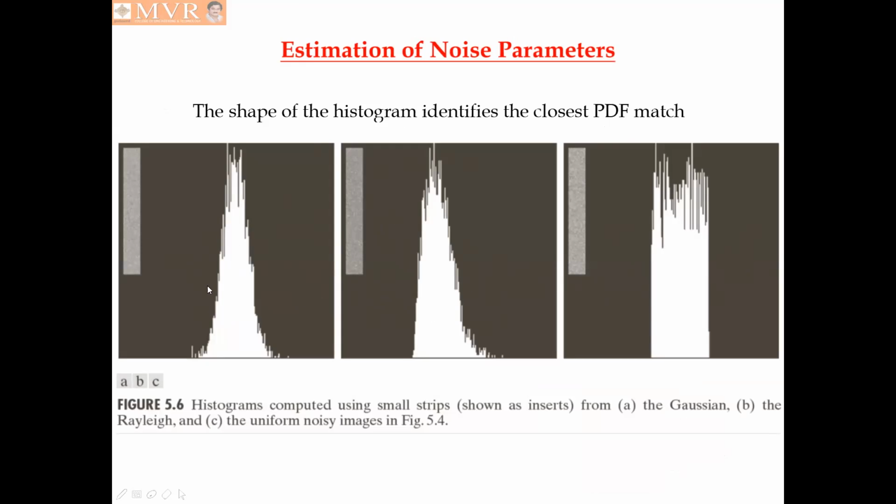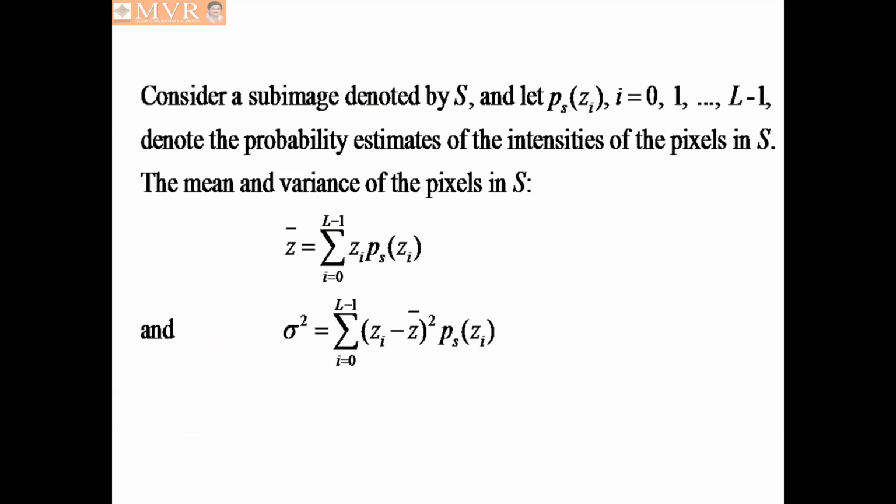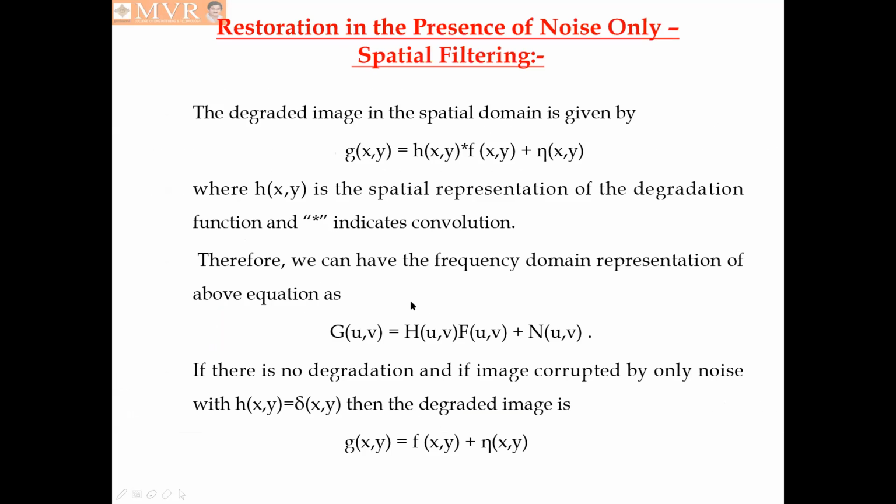Once the noise is present, how will the histograms look? These are the histograms of the noisy images. In the next class, we will try to understand how to restore the original image by performing restorations.